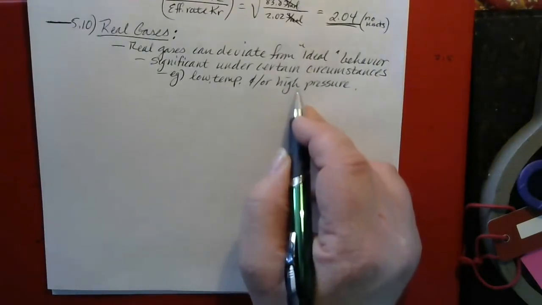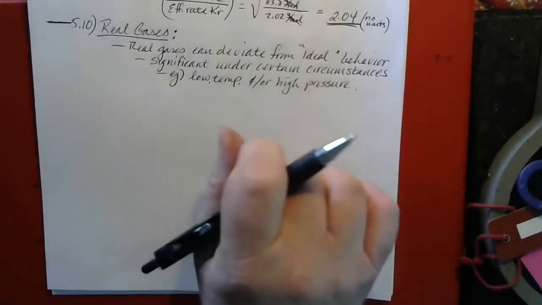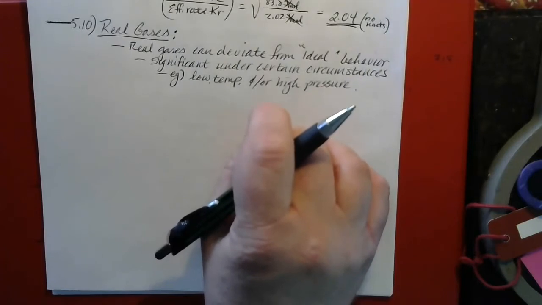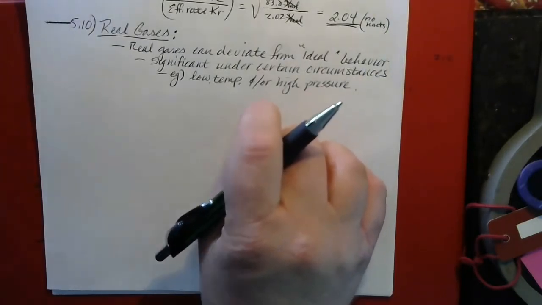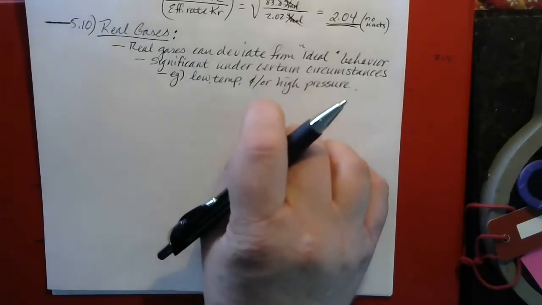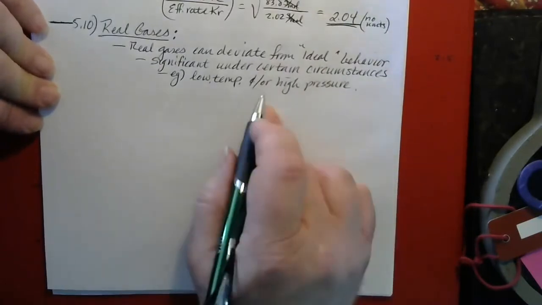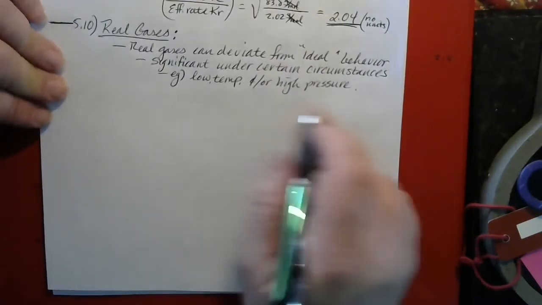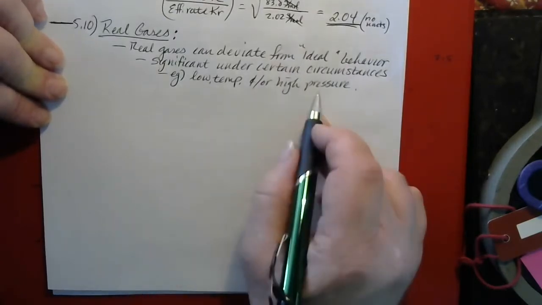Other things like high pressure, because high pressure forces the particles closer together. That again can allow them to be near each other long enough so that intermolecular attractions can become noticeable and start exerting themselves. So those are the circumstances where the deviations from ideal behavior are the worst.